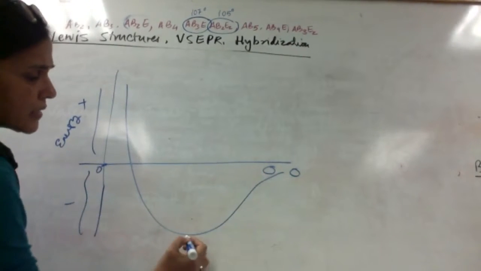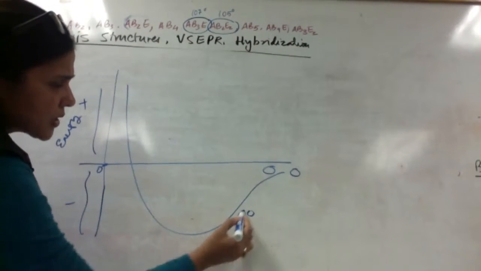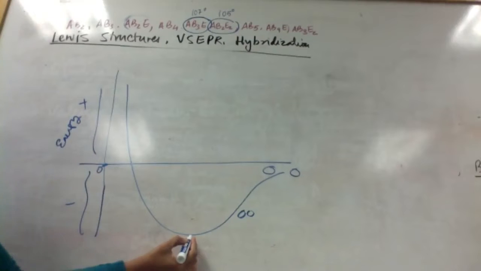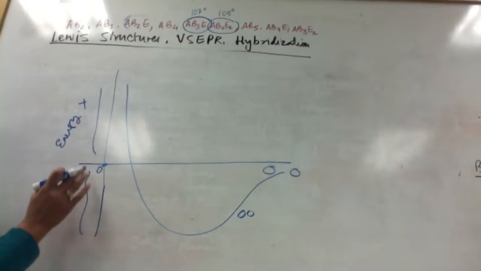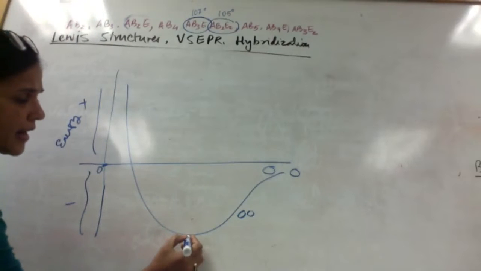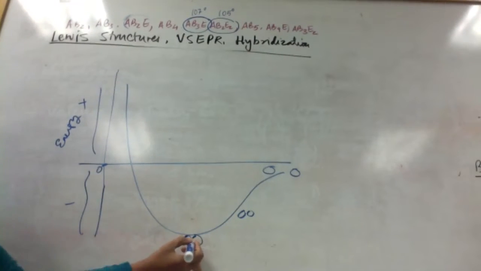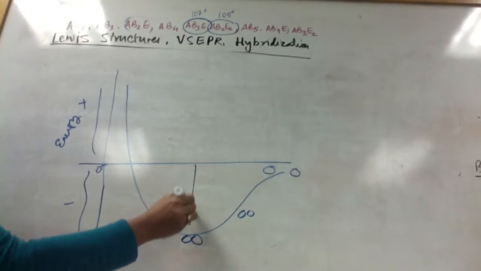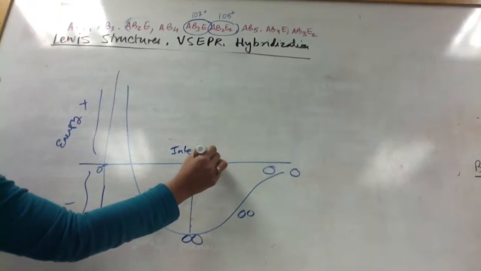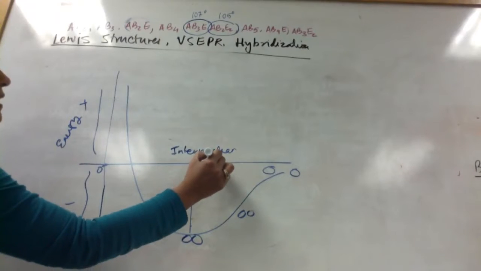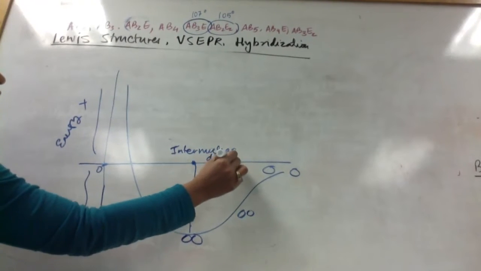So as the atoms attract each other, come closer, energy is released. And remember, release of energy is negative, and negative energy is shown with the negative axis here. And at the lowest energy point, we call it bonded state. So here, this will be the internuclear distance between these atoms when they are bonded.